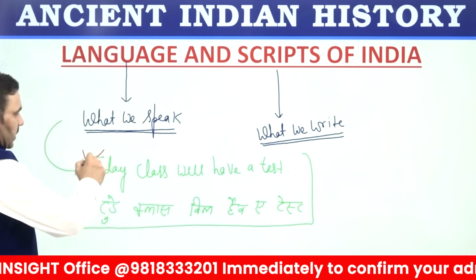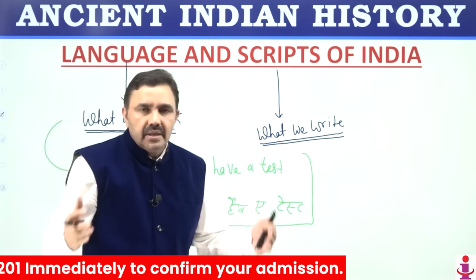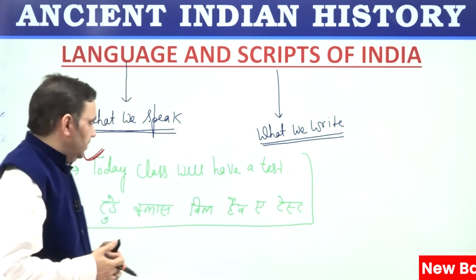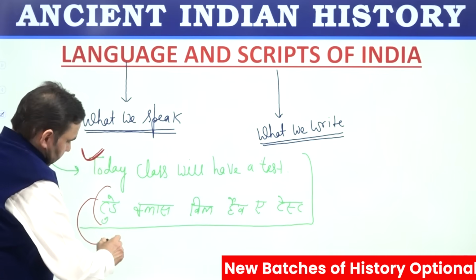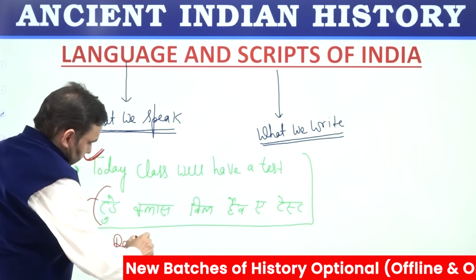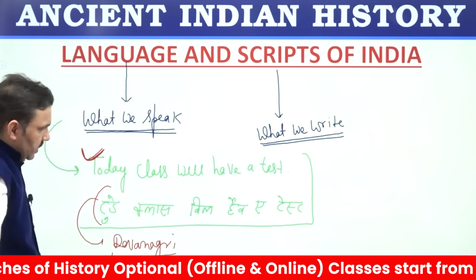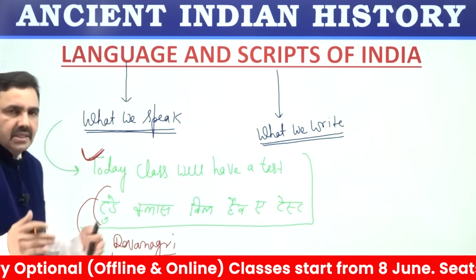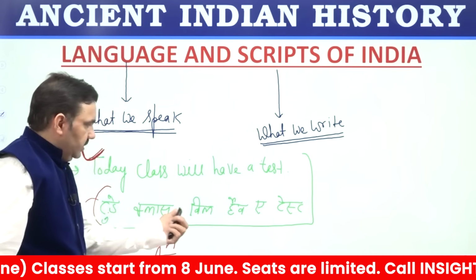Here the language is English, the script is English, or Roman. Here the language is English, but the script is Devanagari, an Indian script. If somebody is from the Hindi belt, somebody who speaks and reads Hindi, that person can read it.